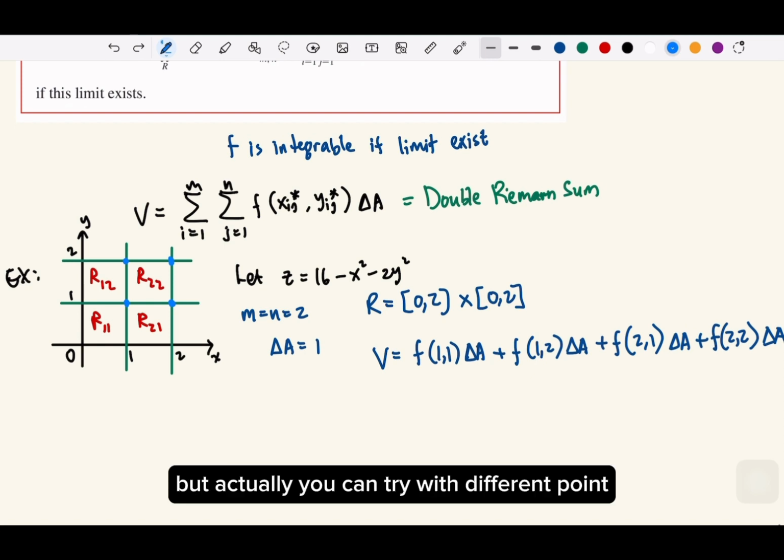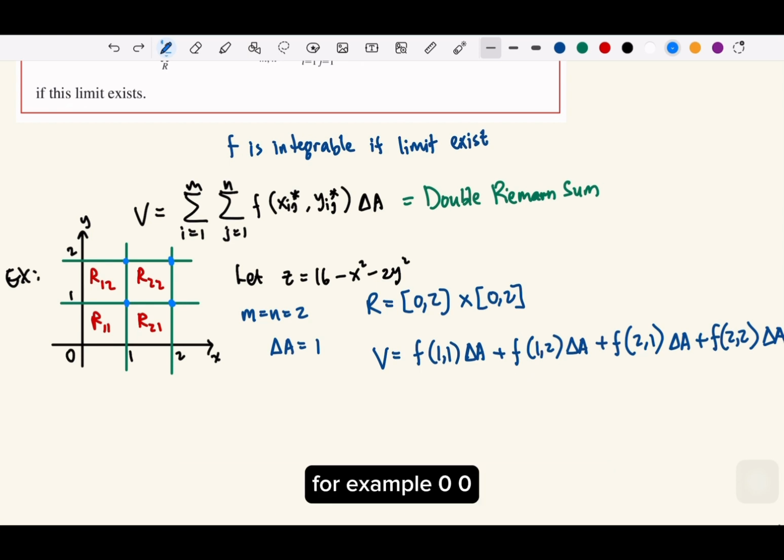But actually, you can try with different points. For example, 0,0, 0,1, and then 1,1, and then 1,0 in this one. You can also check, as long as all these 4 components have an intersection.